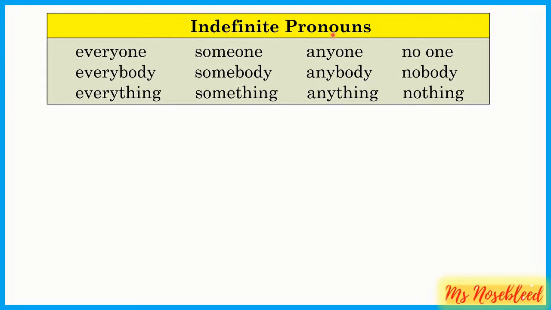Then you have the partial negative, anyone, anybody, anything. And then you have nothing, which refers to no one, nobody, and nothing, okay? So that is the set of indefinite pronouns that we're going to use in this portion of the lesson, okay?